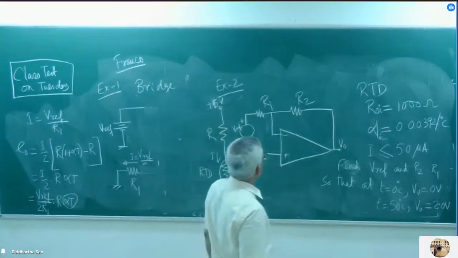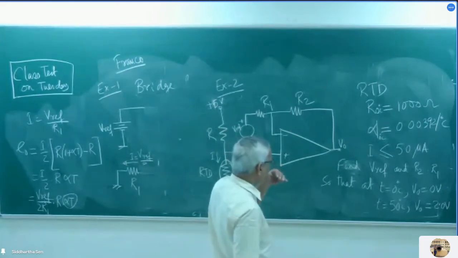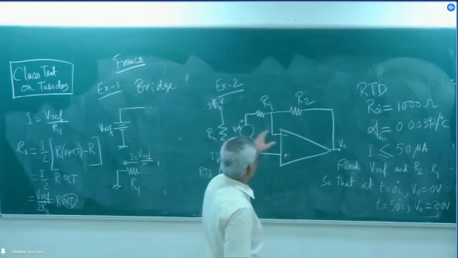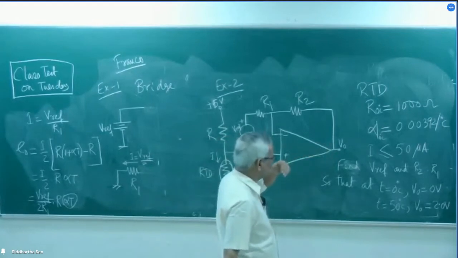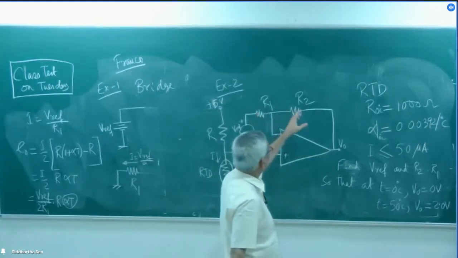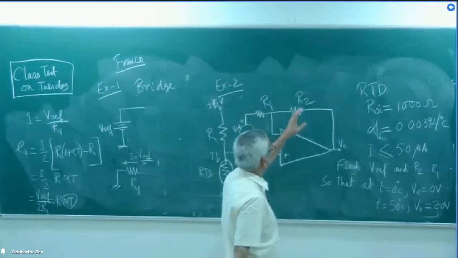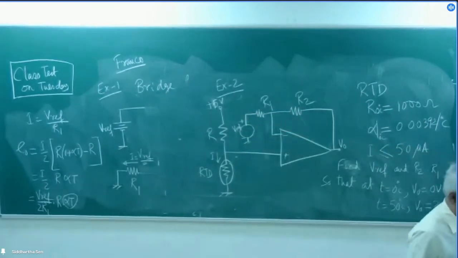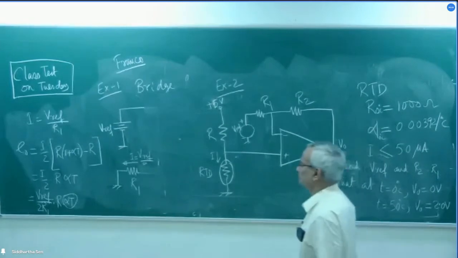And also I want that at 50 degrees Celsius, this output voltage should be 2 volts. So basically we want to design what R2 by R1 and these things should be. Okay?